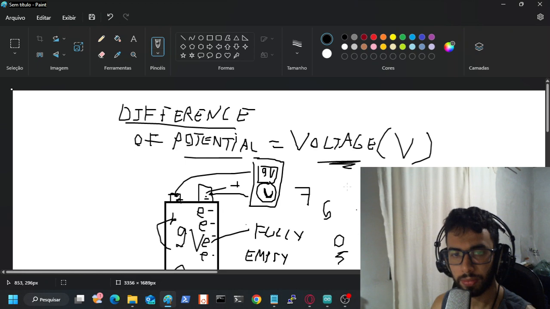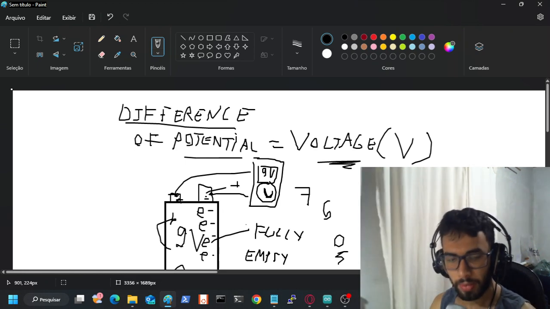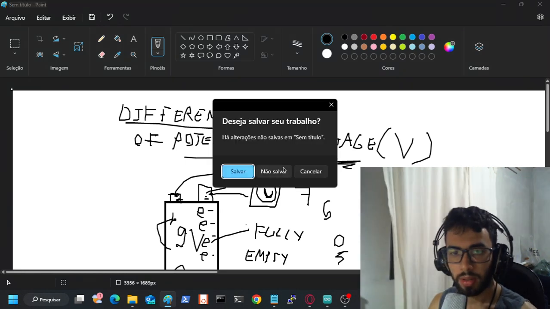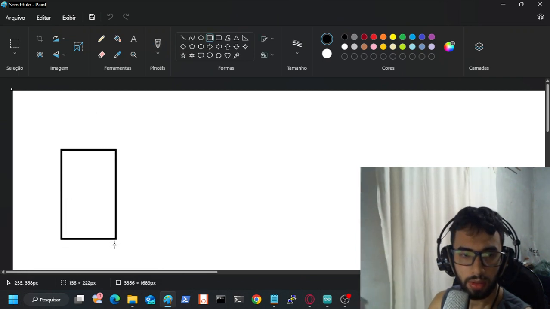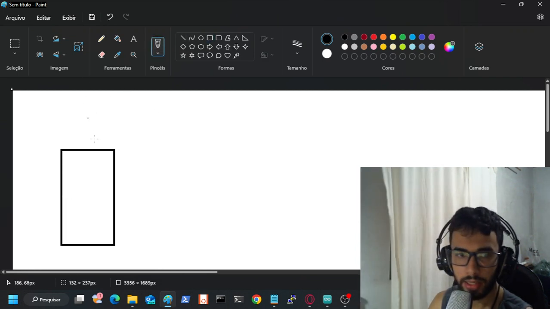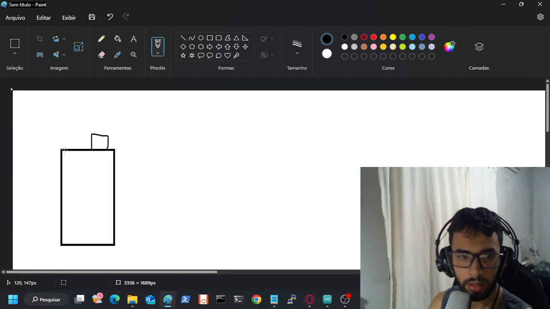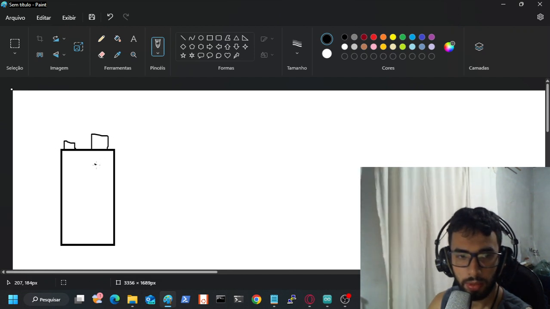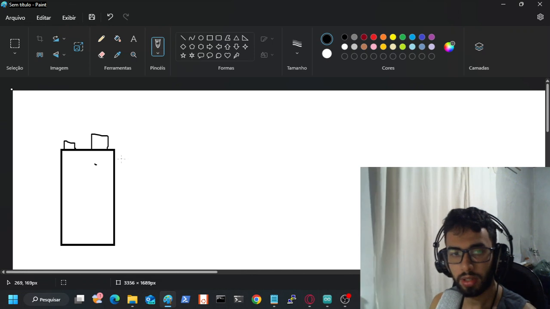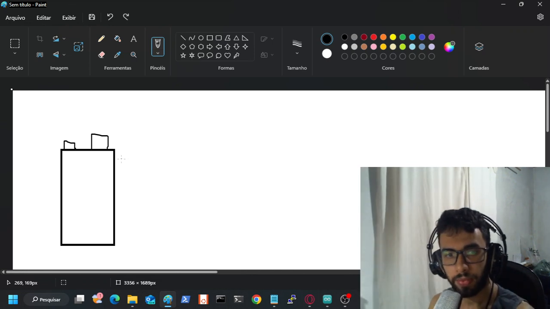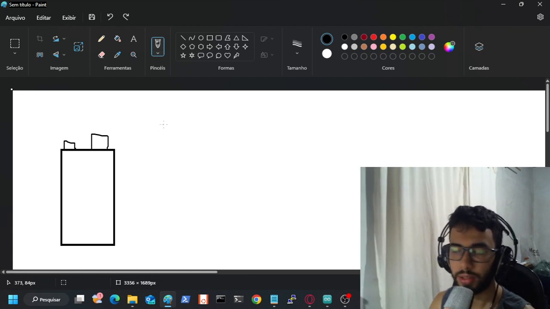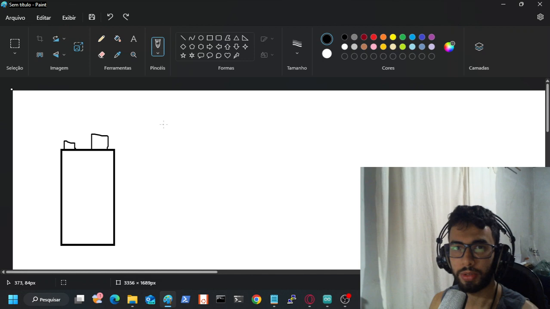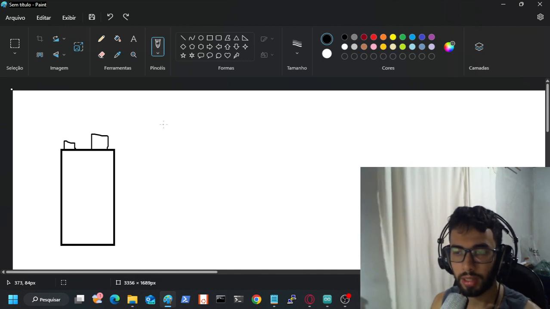So when we talk about this battery, guys, again, when we transpose those electrons that were on the positive side to the negative side, we don't have the potential difference anymore.